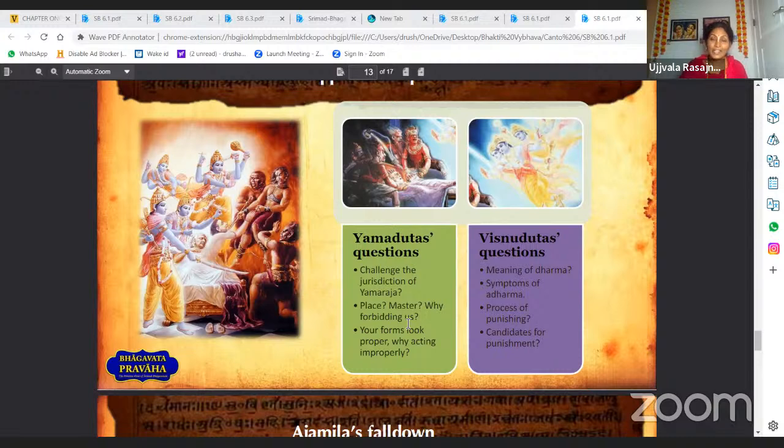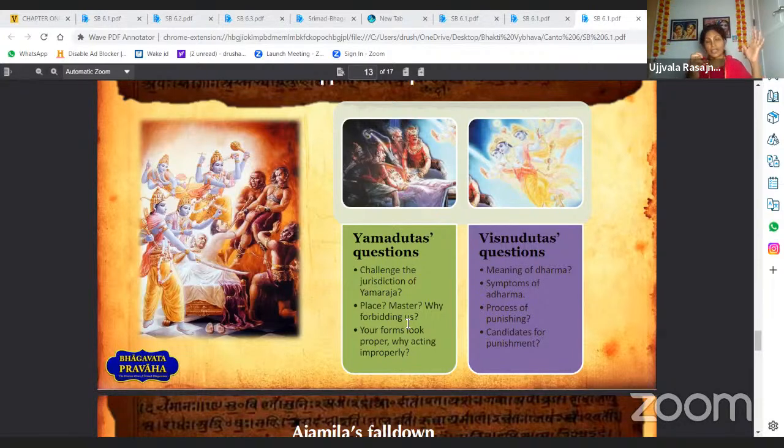Ajamila is on the bed, dear devotees. Nobody would know what's happening within him, because he's about to leave his body, dying. But this is all happening, and the soul is seeing the Yamadutas trying to very painfully snatch his soul out.